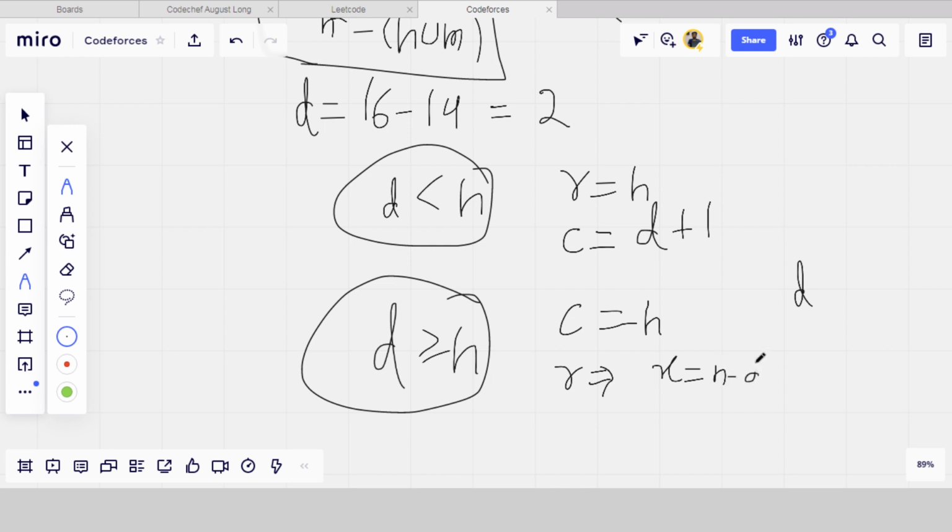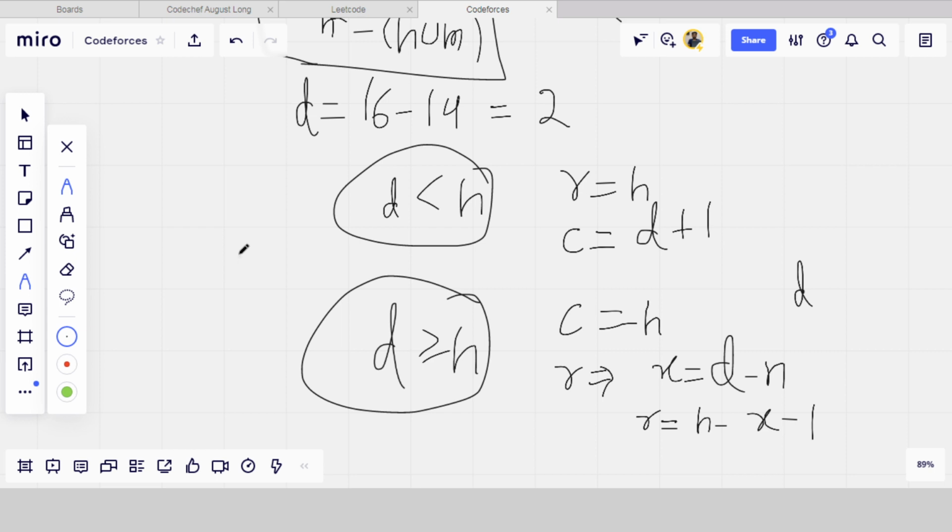Now the value of r will be n minus x minus 1. Oh, here I have made a mistake. Here it will be d minus n, because d is greater than n. And after that we will do n minus x minus 1.